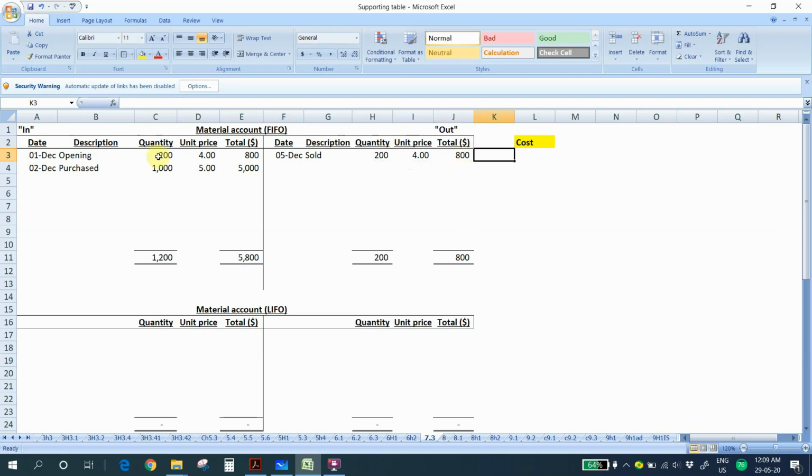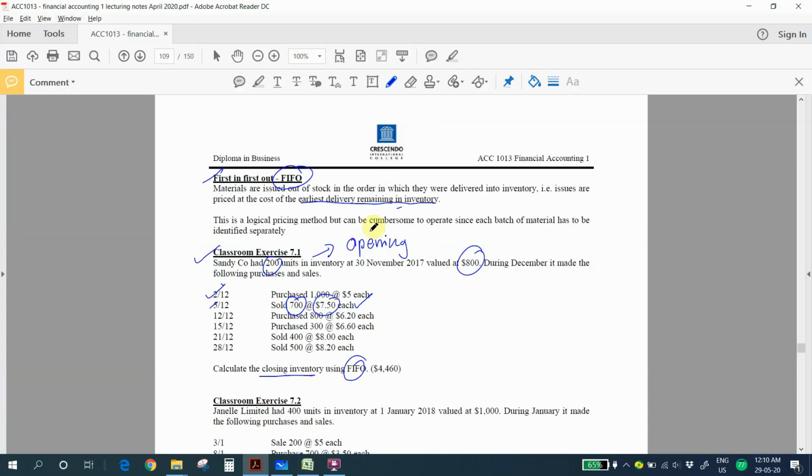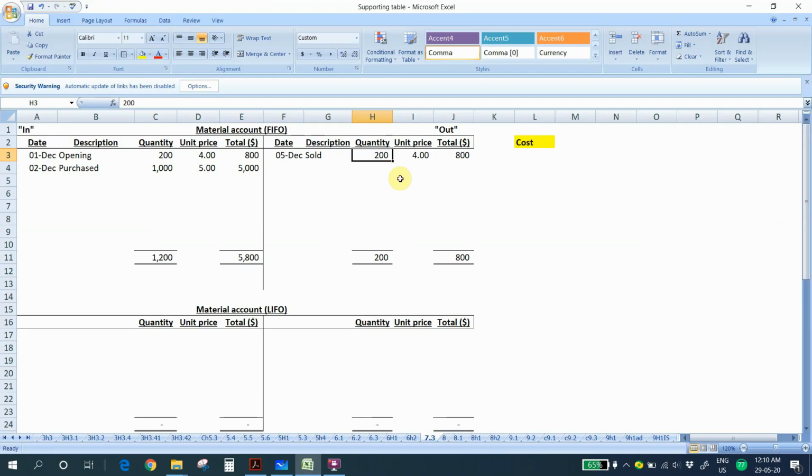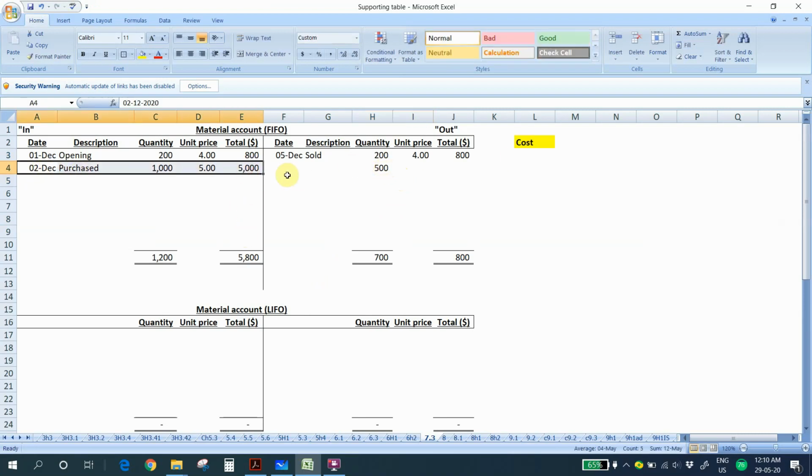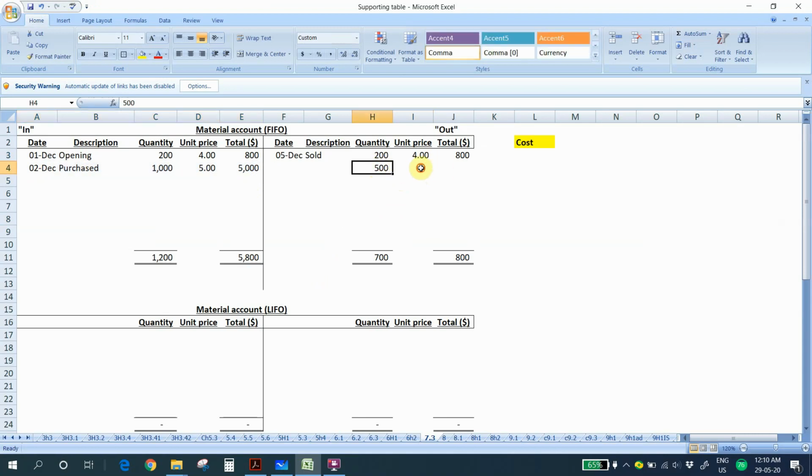We have issued out the first batch, but can we satisfy our customer order? Cannot, because the customer required 700 units. So we need to use another 500 units from the second batch. The cost of this batch will be 5 each, so the cost is 2,500 in total.